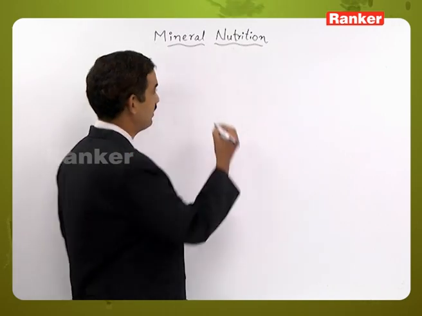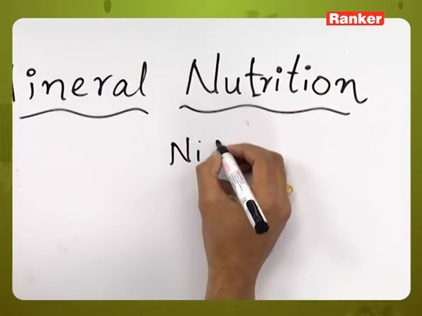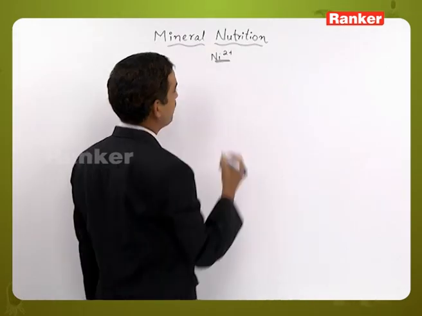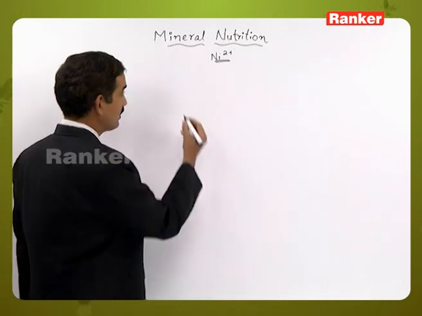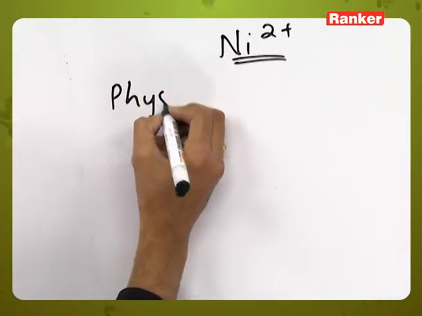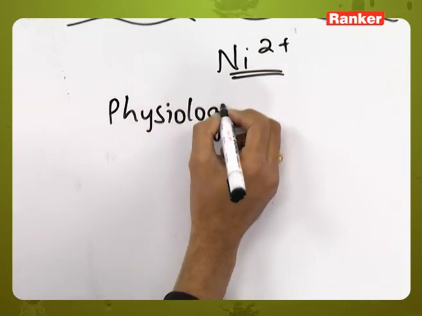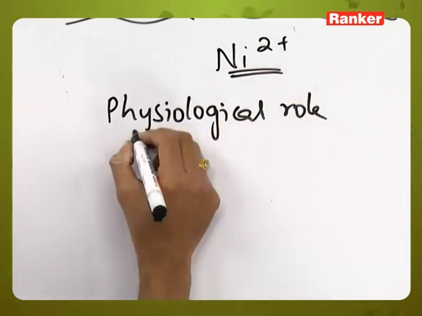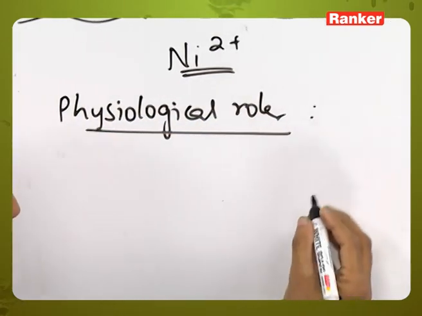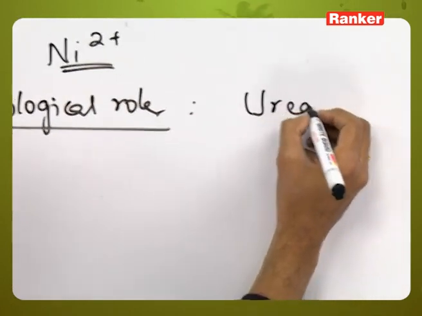Next element is nickel. Nickel is absorbed by the plants in the form of nickel ion, Ni+2. Here the physiological roles are also there. It is useful for the urease enzyme.